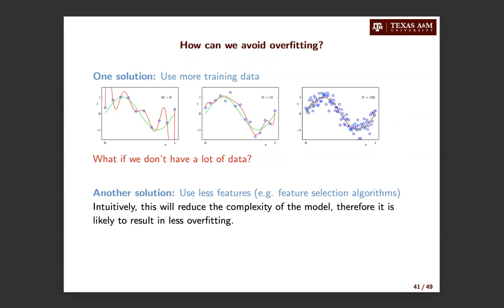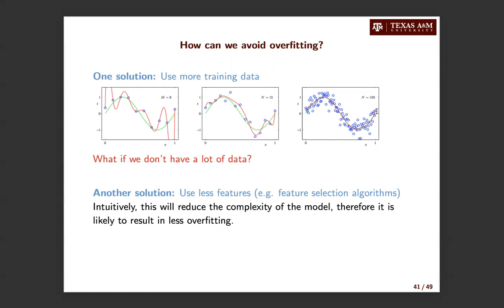The reason is that because we have so many training samples, they can recover the underlying structure, and they are not confused by the fact that we impose a high order polynomial on our model.